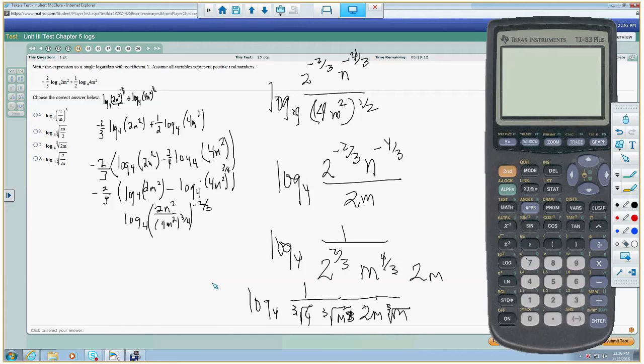So this m, this turns out to be an m. This comes out to be an m right here. So now we've got, get rid of this thing. It's about time to quit.